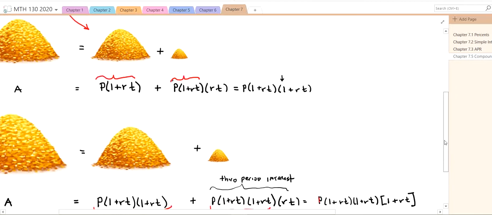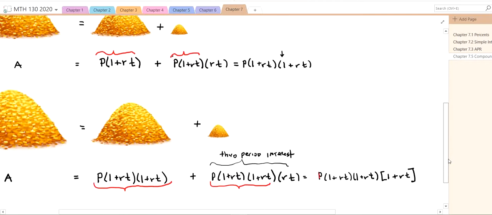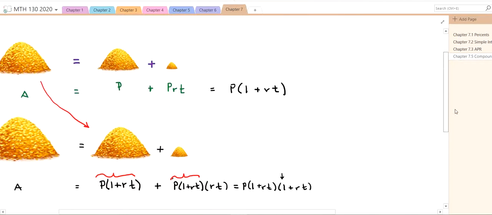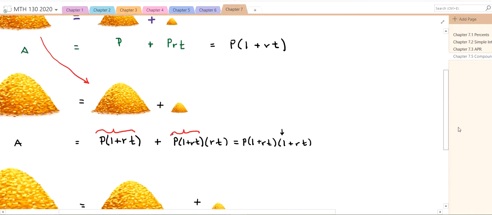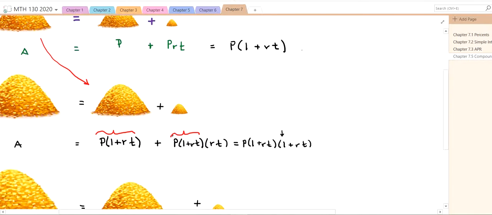So notice, while I'm doing this compounding process and I'm accumulating more amount, that in the calculations we do, there's a pattern here. So initially this is P times 1 plus RT, let's just say raised to the power of 1.